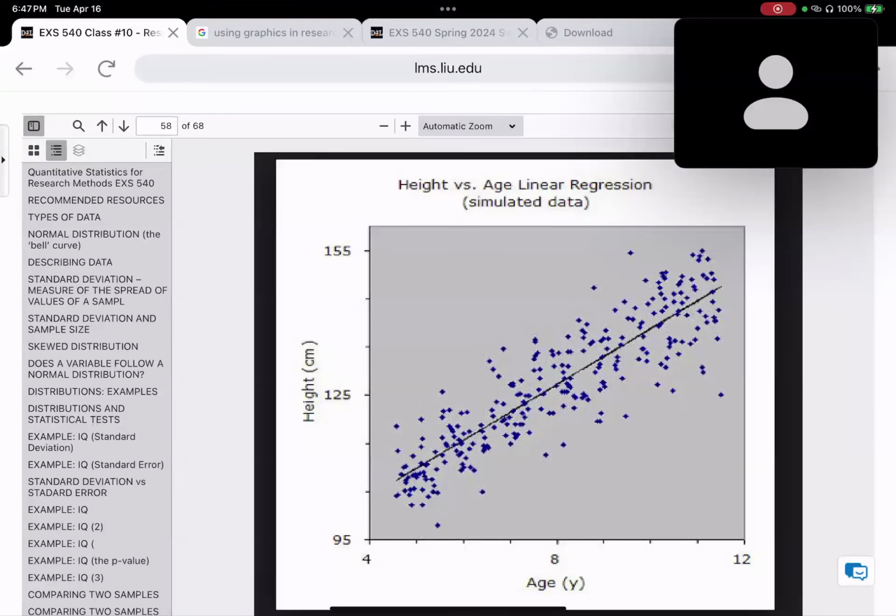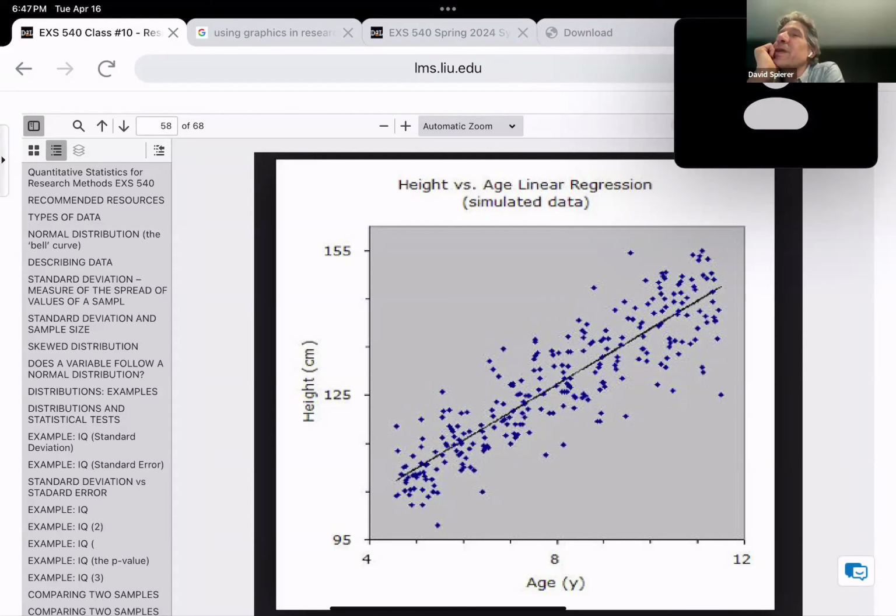Well, it's a linear graph, so it's a positive correlation that we can see in this. What do you mean by a positive correlation? In this example, as the age grows, the height grows. They're both equally growing, so it's going upwards.